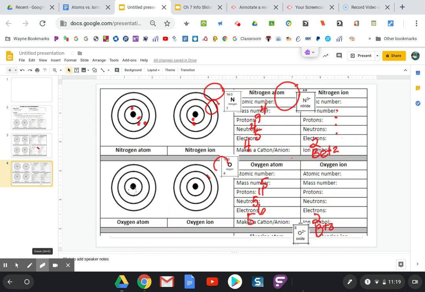Go ahead and fill in everything you need for nitrogen. And I have it shown on the screen here.